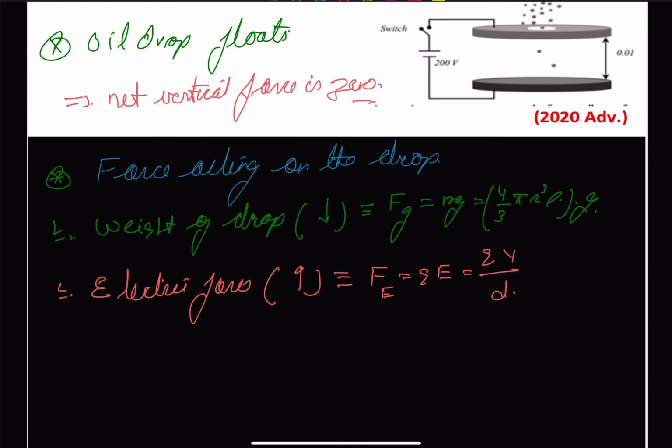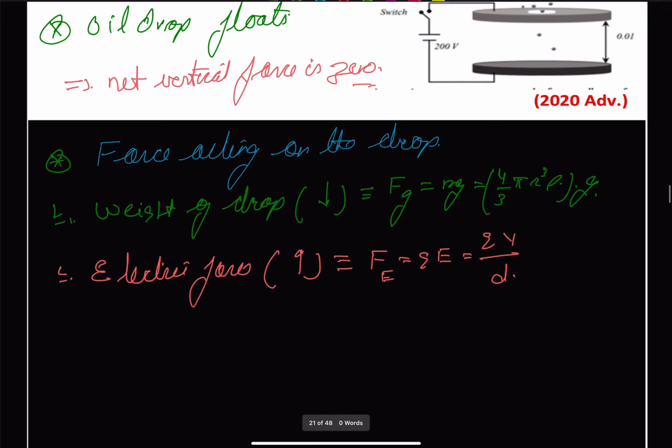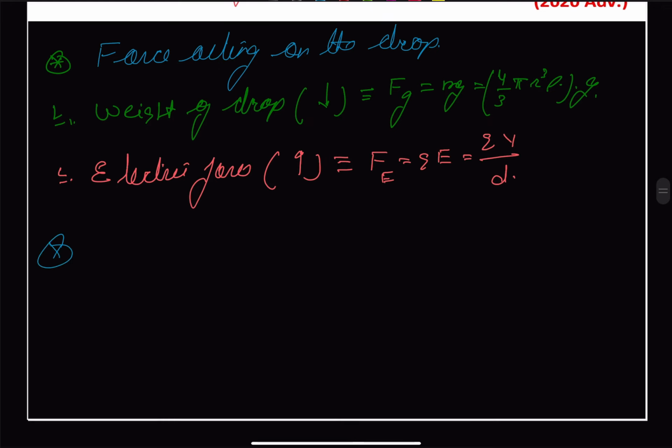So at equilibrium, Fg is equal to Fe. We simply write the formula.